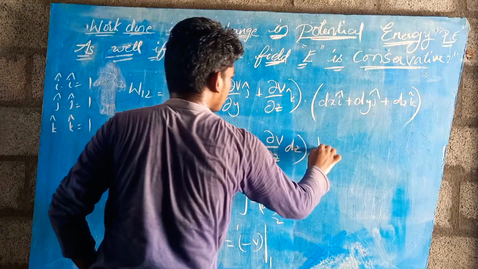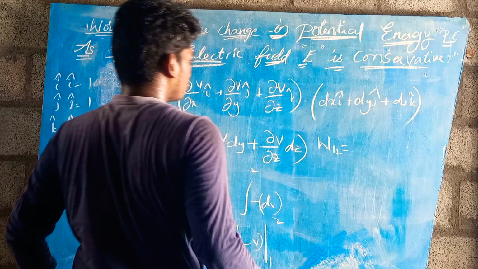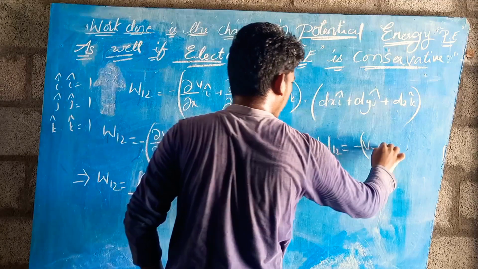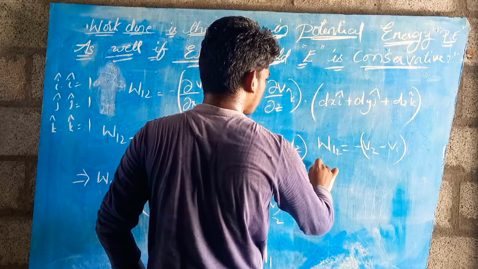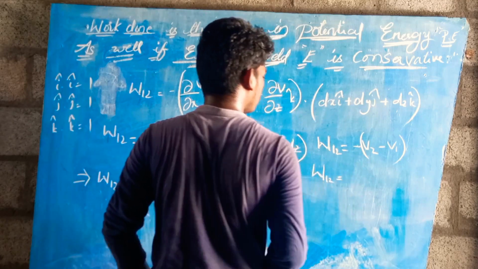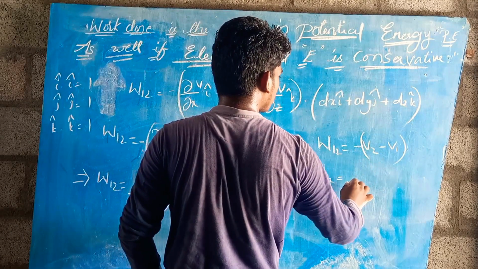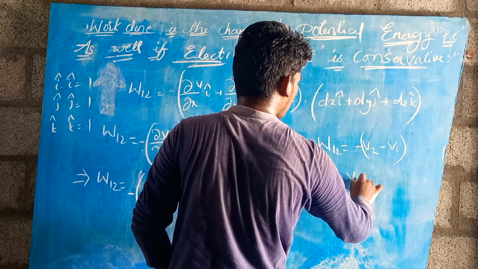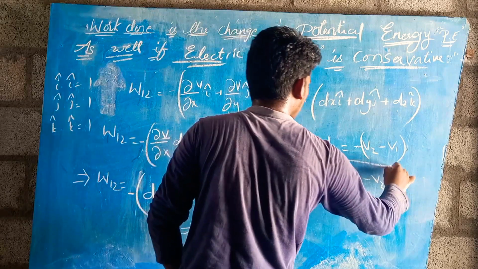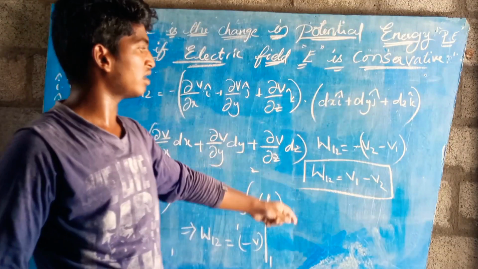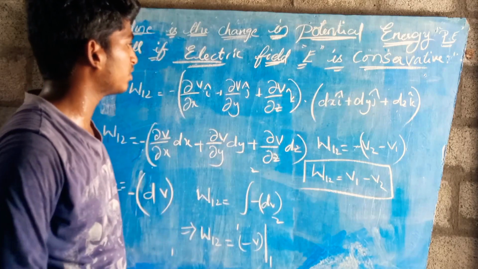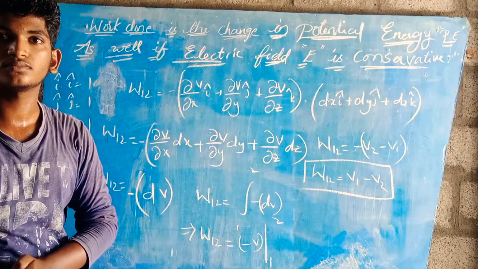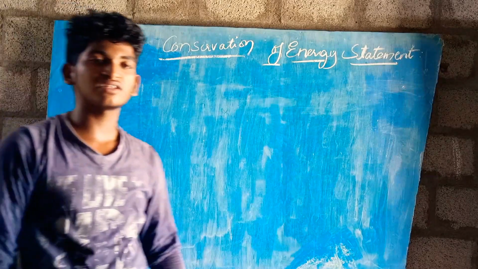From that we get W12 is equal to minus (V2 minus V1), that is V1 minus V2. This shows that the work done on that particle, if the field is conserved, is equal to the change in potential energy and is independent of the path followed. Next, the conservation of energy statement.